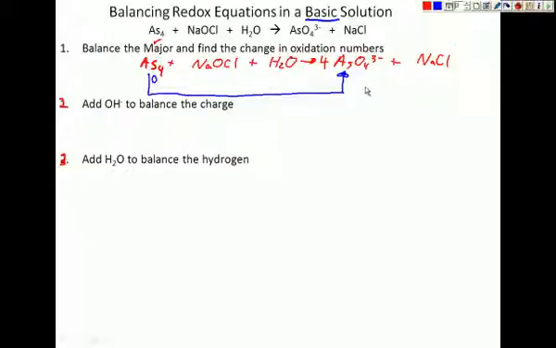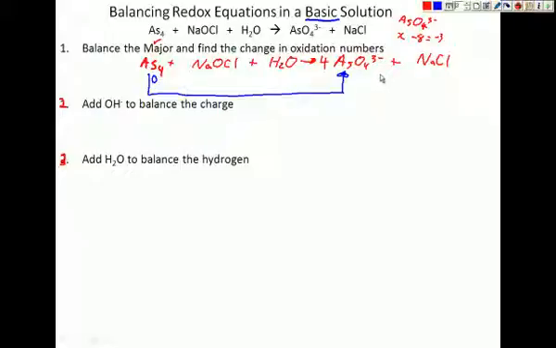And this has an oxidation number of, well, let's see, AsO4 3 minus. Oxygen is minus 2, times 4 is minus 8, equals minus 3, and this is going to be added to this one right here.